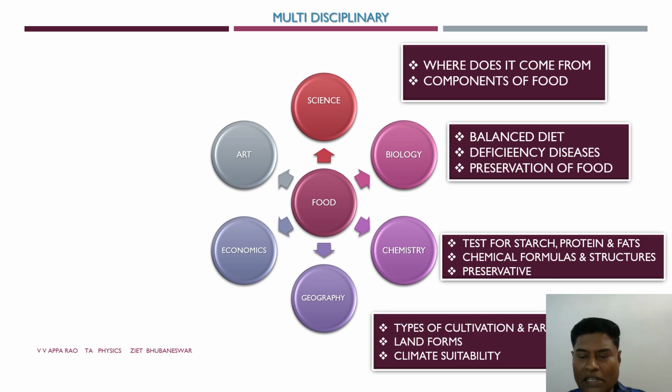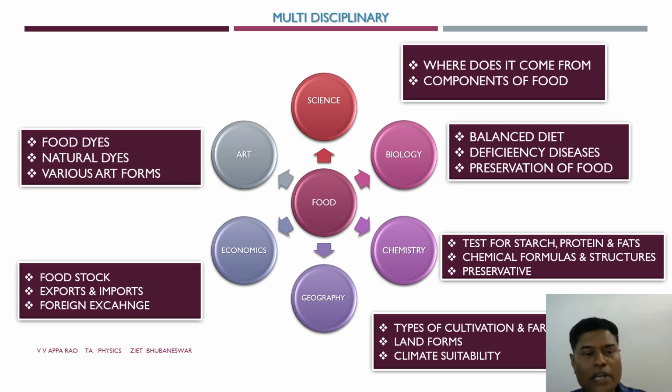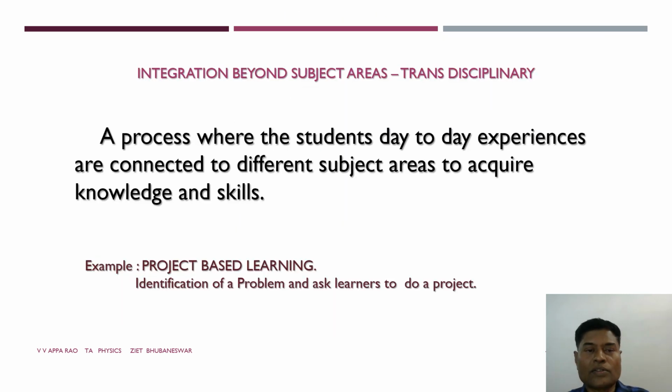Now, types of cultivation and farming, landforms, climatic suitability, we learn in geography. In economics, food stock, exports and imports, foreign exchange, food dyes, natural dyes, various art forms. So in this way, all these are connected through food, but the individual subjects' goals and objectives are different, and their learning outcomes are different.